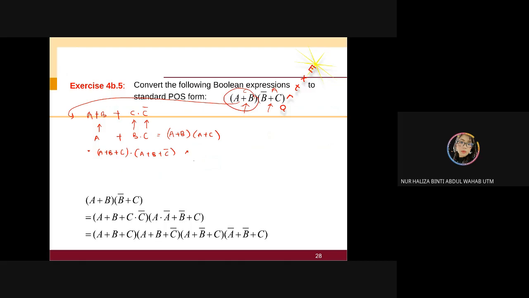Your term 2 will be B bar plus C plus with your A dot A bar.